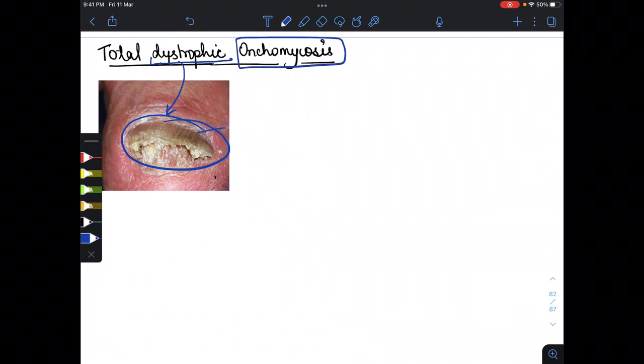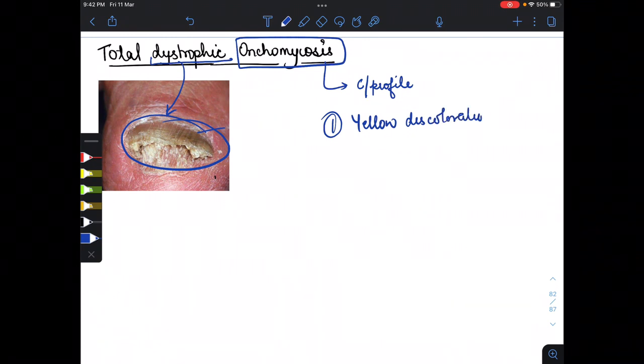Now, if someone asks the clinical profile of onychomycosis, first there is yellow discoloration of the nail plate. The nail plate becomes thick, as we saw in this image.